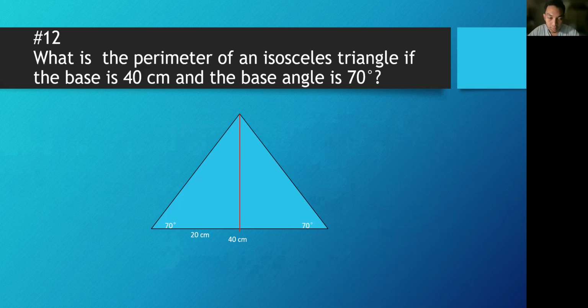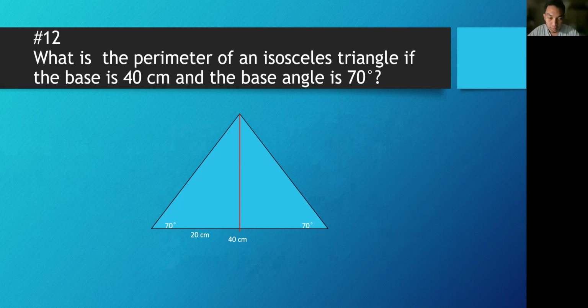So by using the trigonometric function cosine, we can get cosine theta is adjacent over hypotenuse. And here our theta is 70 degrees. And by rearranging this, we can get hypotenuse is equal to adjacent over cosine theta. By substituting all the values for the adjacent side and the theta, we can get 58.4761 centimeters. So this is the length of the hypotenuse.